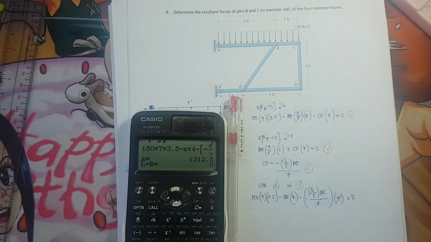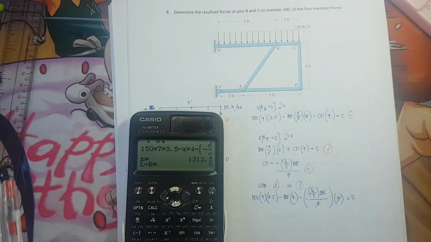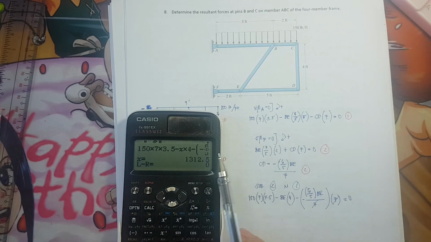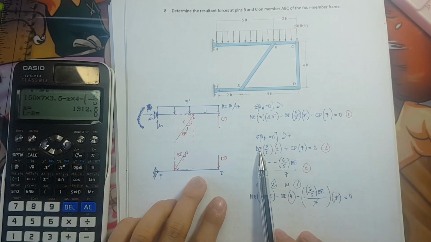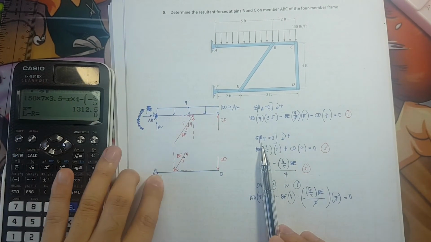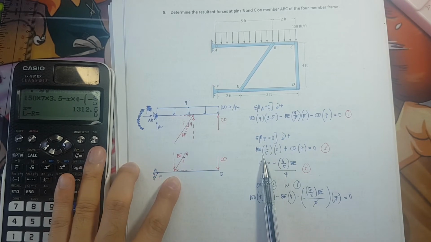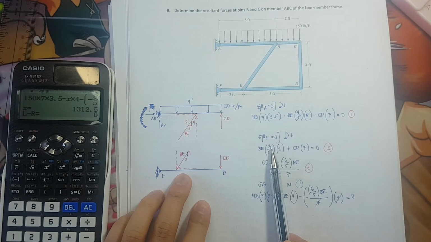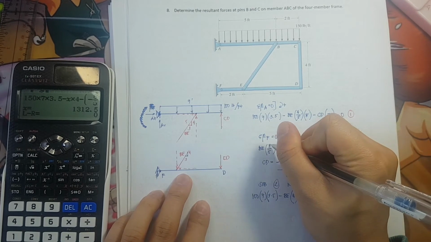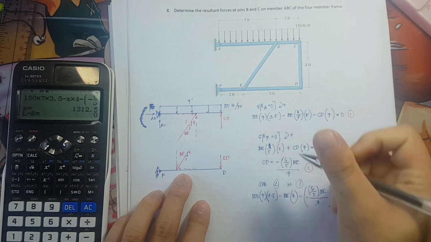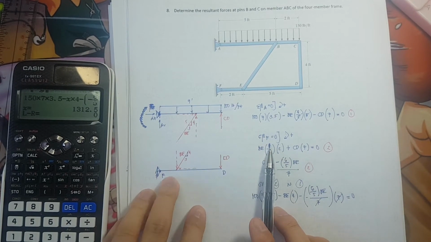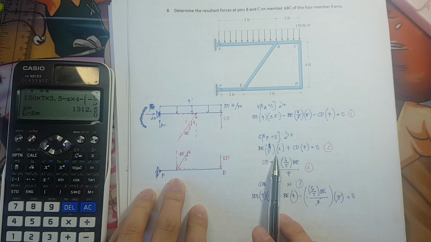But I think we had an error here. Why? Because this should not be the answer. Let's check a moment at F. We have BE. Ayun. So this is the error. This should be 4, not 3. So vertical component of the slope is 4 over the hypotenuse of 5.